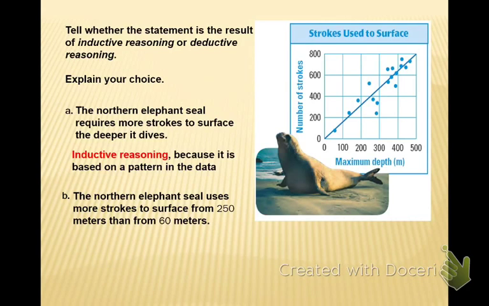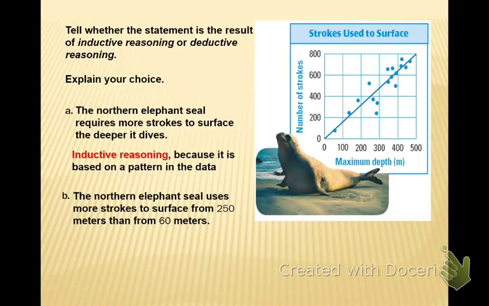What about this one? The northern elephant seal uses more strokes to surface from 250 meters than 60 meters. What kind of reasoning are we using there? Yes, go ahead. Deductive, right. Why? What are we doing there that clues us in when we're using deductive reasoning? What are we making, Chapman?